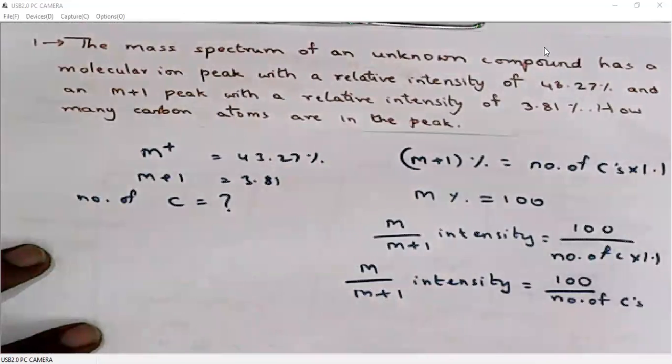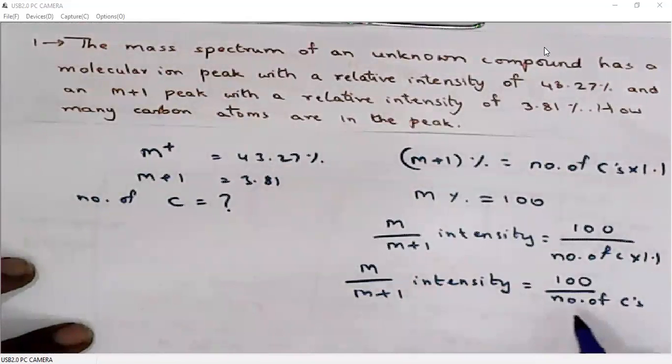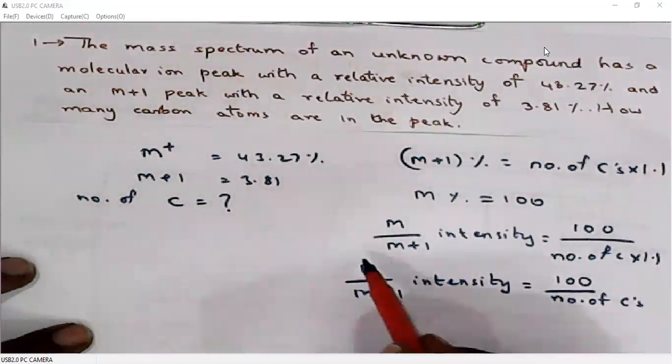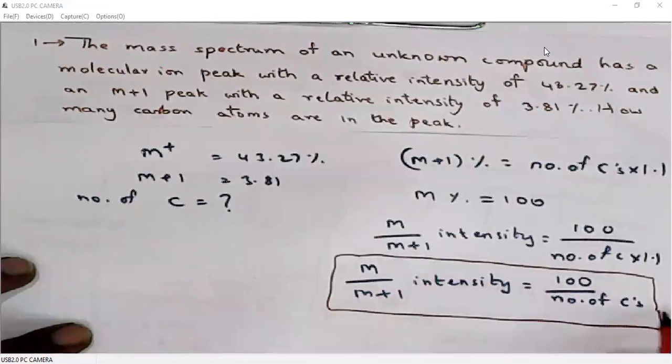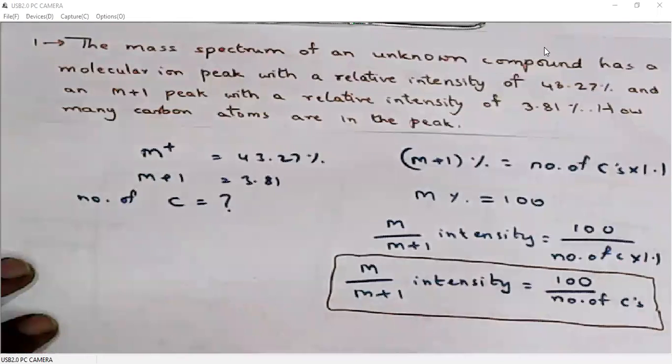You just take the ratio, then rearrange this equation, and you will get the number of carbons. So this is an important formula for the CSIR and GATE exams: the ratio of the intensity of the M peak to the M plus 1 peak is equal to 100 by the number of carbons.